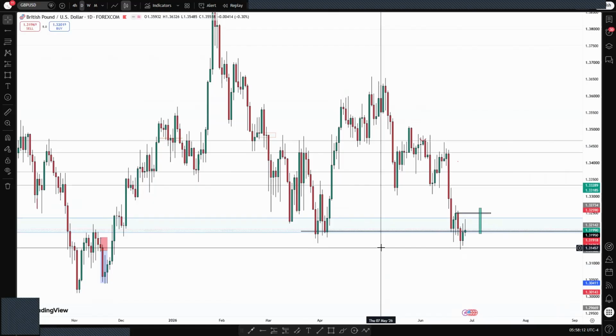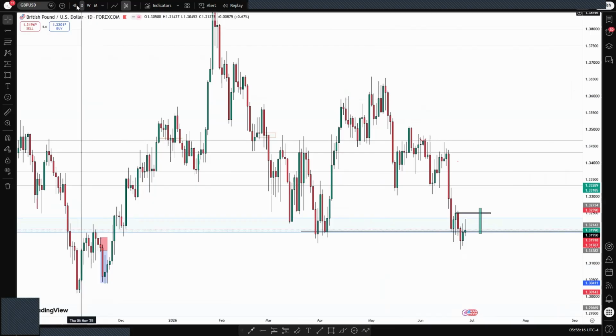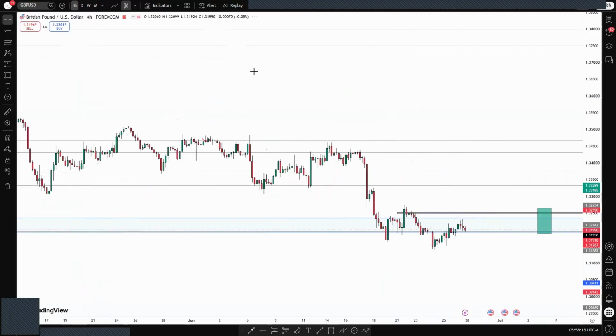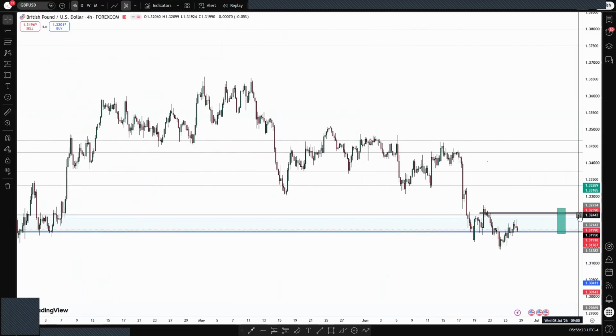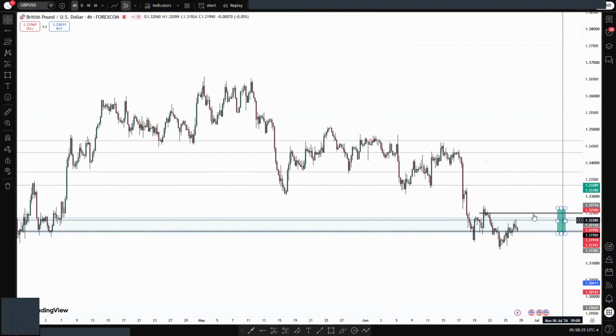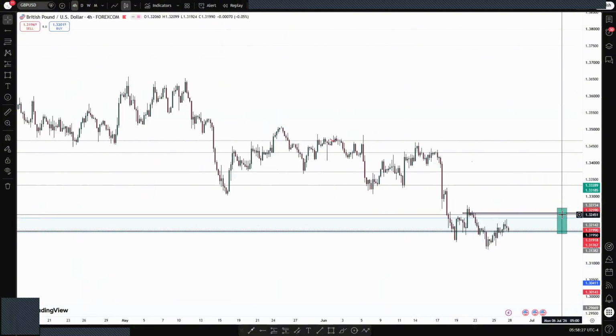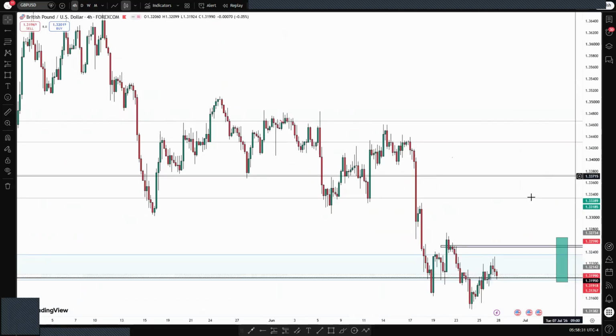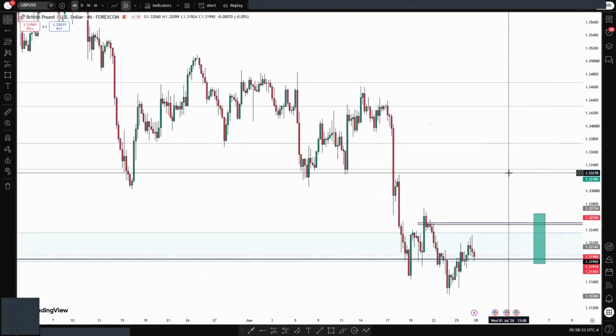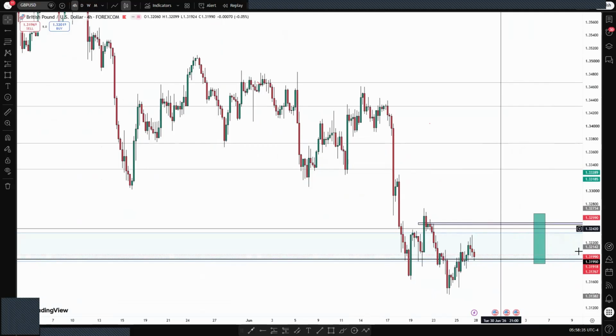This is what I know. And on the weekly time frame, the GBPUSD 4 time frame, price wants to buy. Price wants to buy.